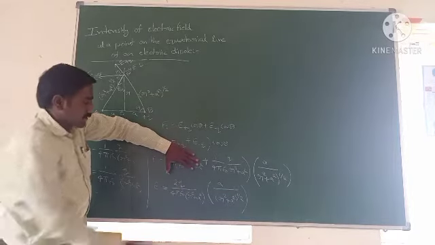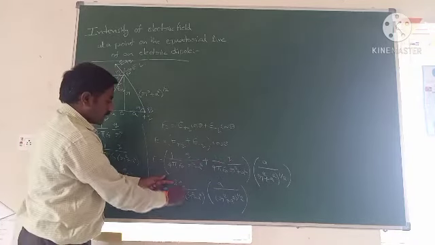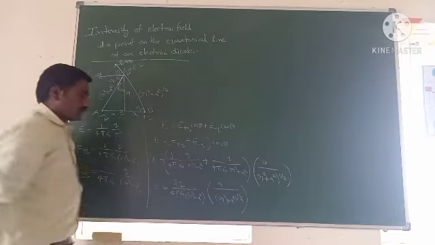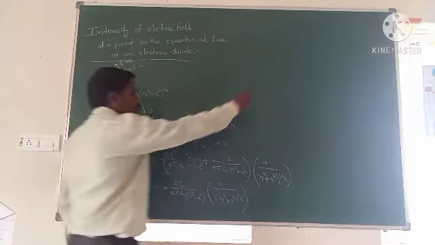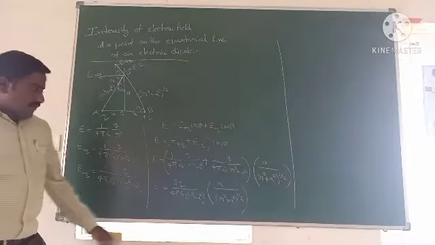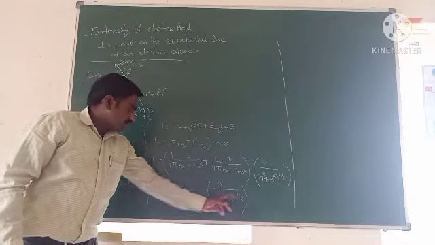Let us consider this is x; x plus x can be written as 2x. So 2x, the same, 1 by 4 pi epsilon naught Q by R square plus A square, into R square plus A square over 1 by 2.